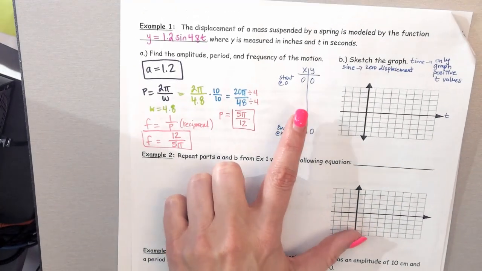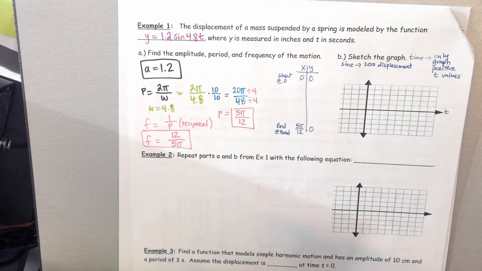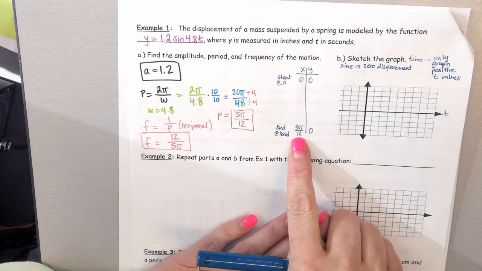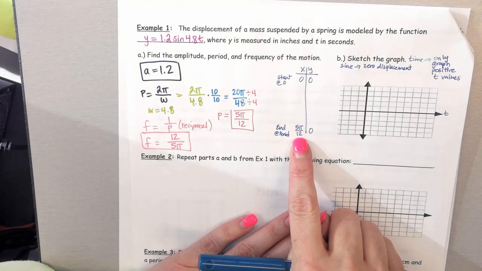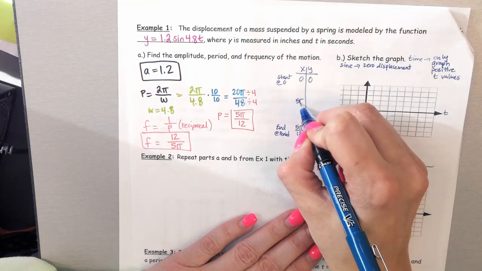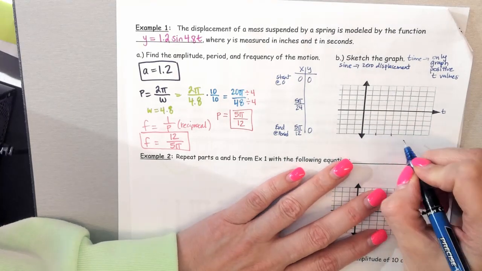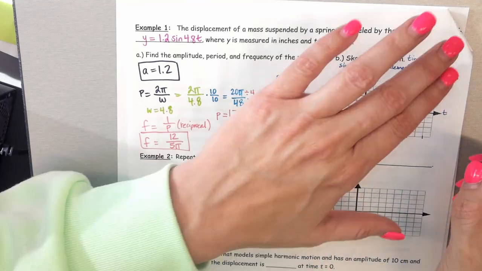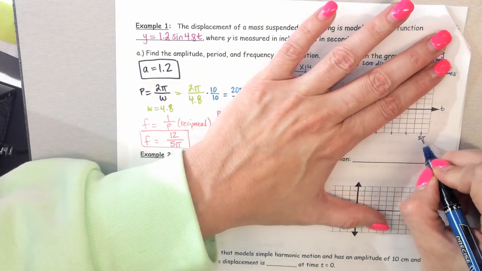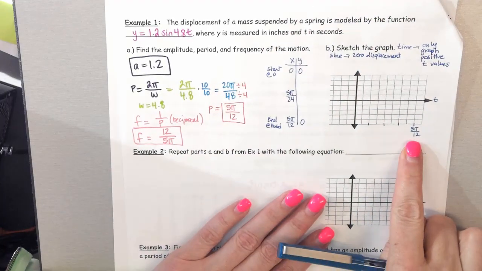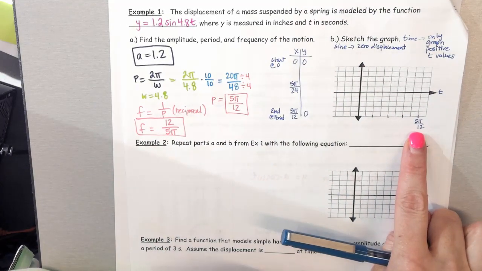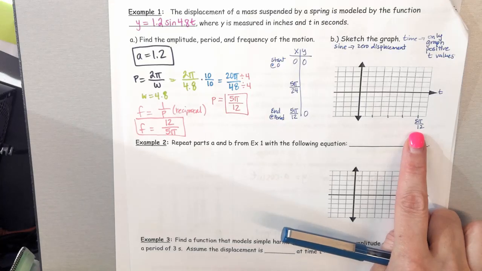Now, to find the halfway mark, okay, halfway is just cutting this in half, which is multiplying by 1 over 2. So if I multiply 12 by 2, I get 24. So I have 5 pi over 24. Okay, so when we graph this, we're going to do one period, so we're going to end at 5 pi over 12. You might remember me saying when we started sine and cosine, a good scale would be to divide your period by 4.